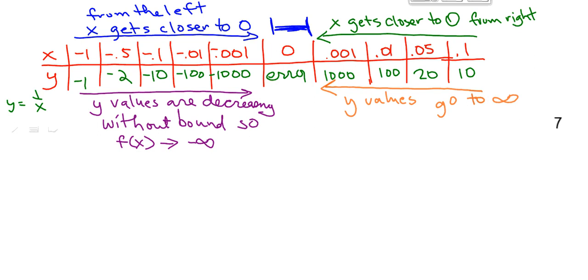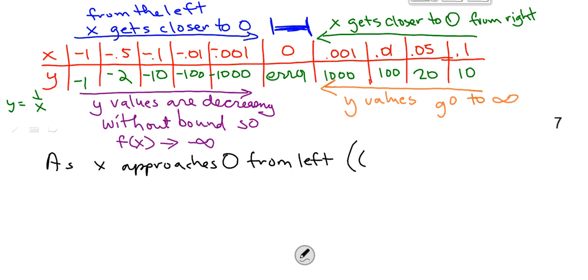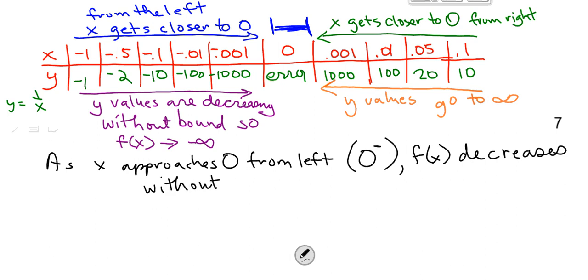And so we have a way of referring to that. So I'm going to say as x approaches 0 from the left, and I'm going to call that 0 with a little negative sign above it, comma, f of x decreases without bound. So it goes to negative infinity.